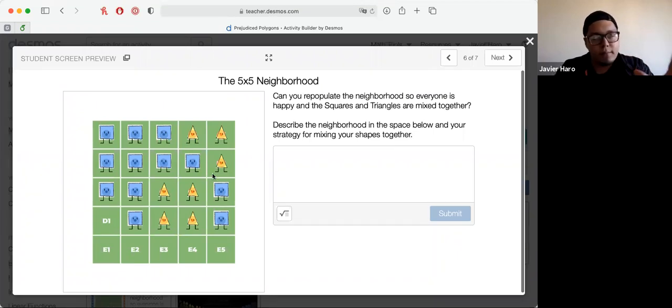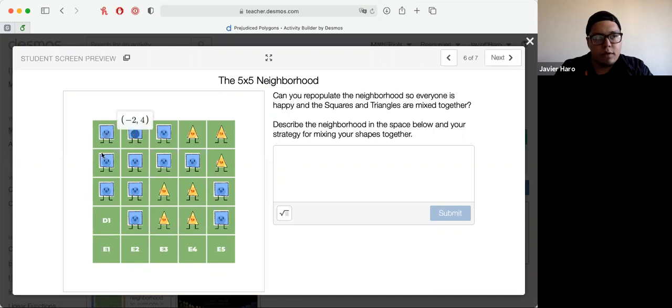Right now we have some that are neighbors, but we still have these 4 squares down here that are not neighbors with any triangles, right? Otherwise, I think we have the rest that are neighbors with triangles and squares.